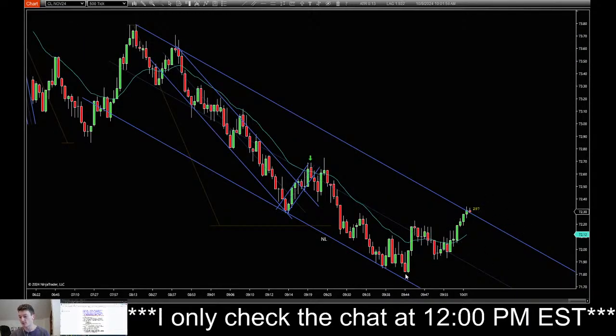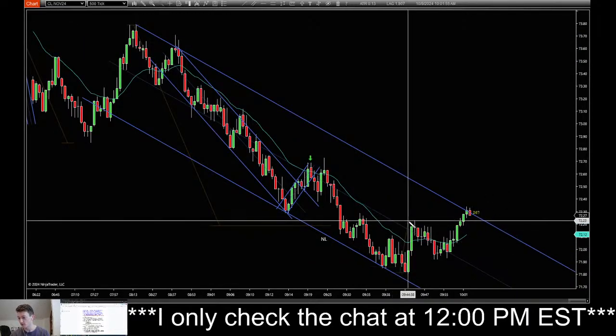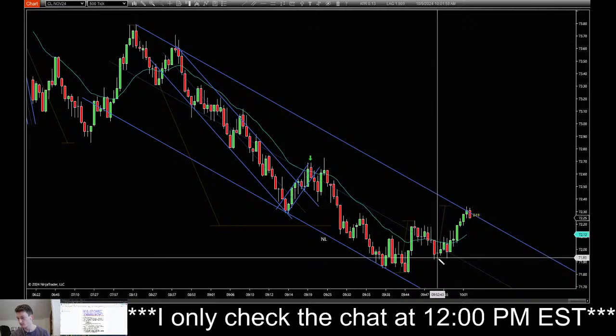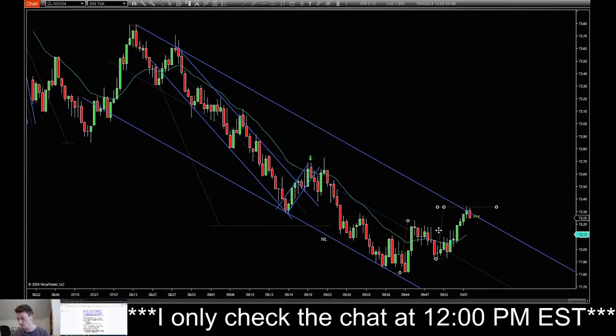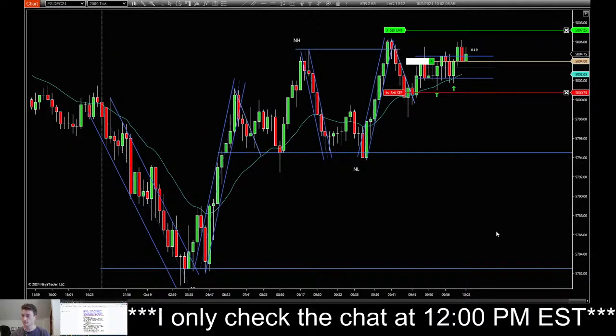Let's see if this trend line holds here. Again, it looks like two legs up. And there's this congestion breakout.